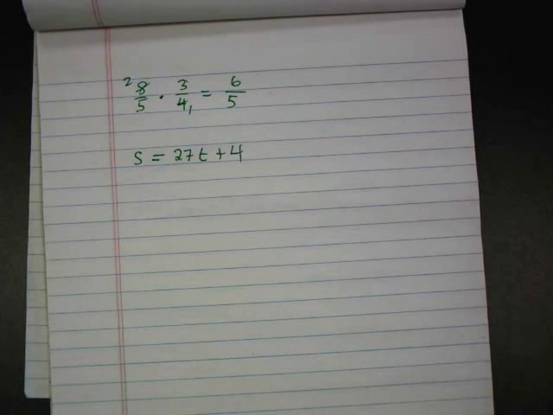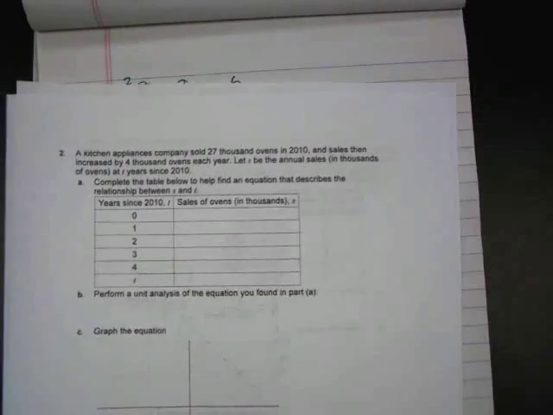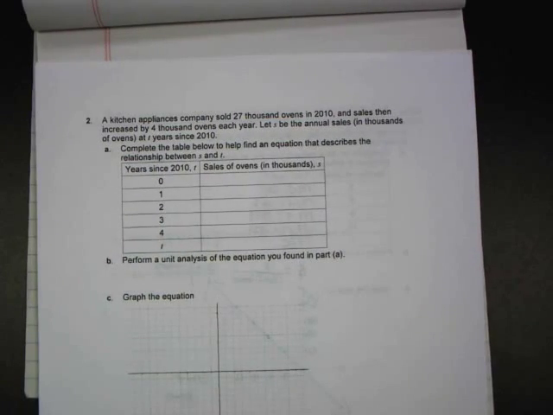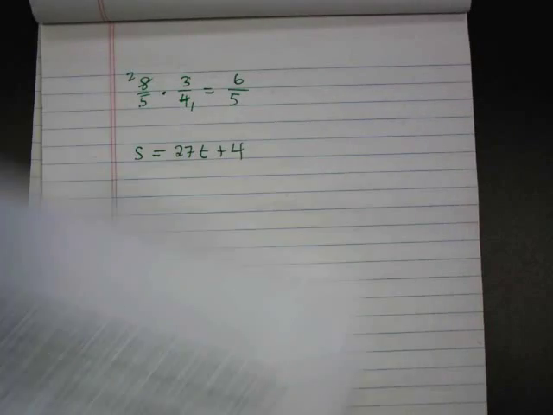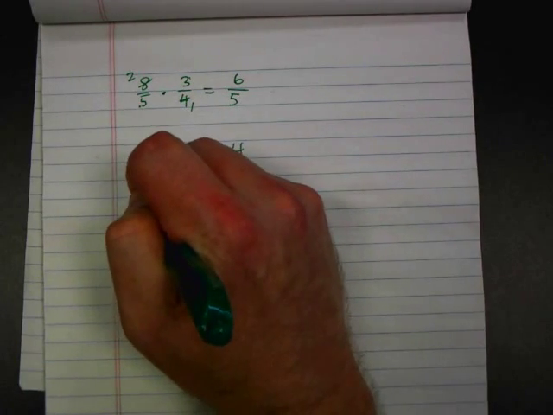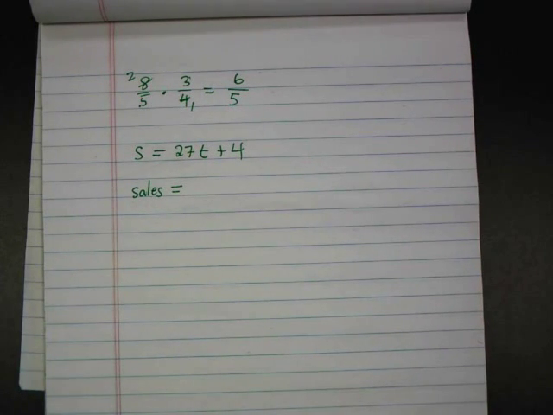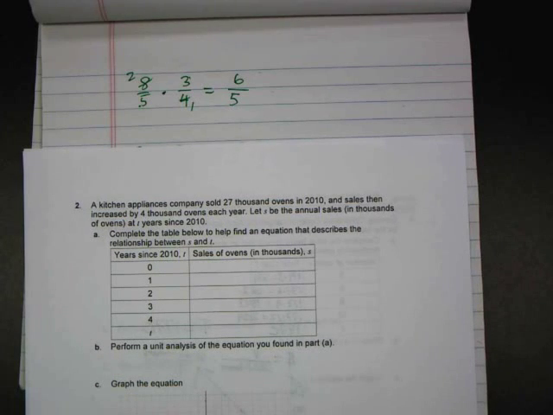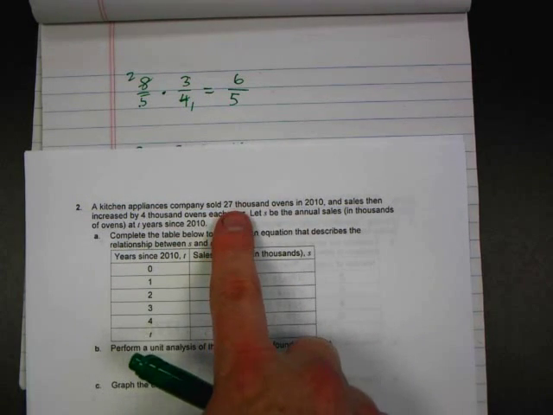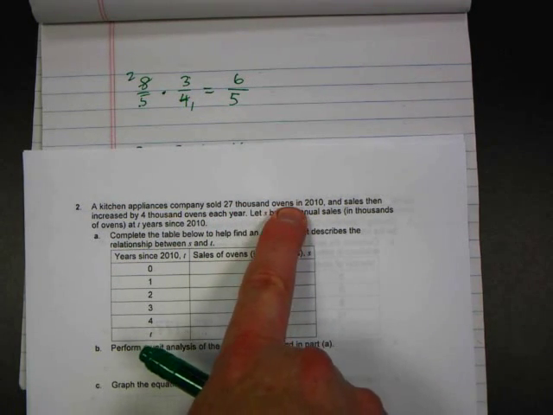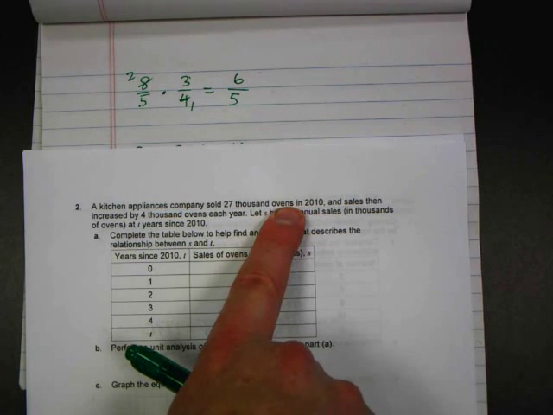And this is where checking the units helps. So, S. What are the units on S? Sales in thousands. All right, so S is sales. Equals. What are the units on the number 27? 27,000 ovens. So 27 is just lots of ovens, isn't it?